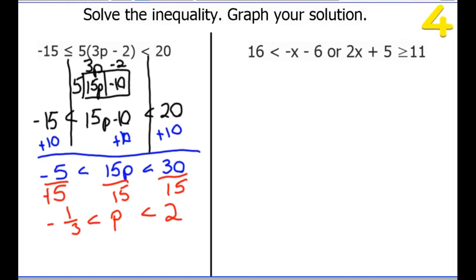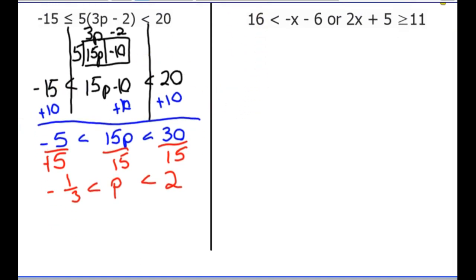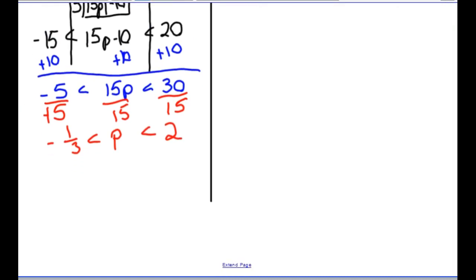So we're not quite done. We have to still graph our solution. So we need to make a number line and graph these. So what we're going to do is split this up into two problems. The first problem will be here. So it will be negative 1/3 is less than p.